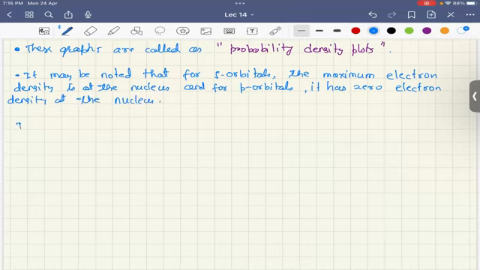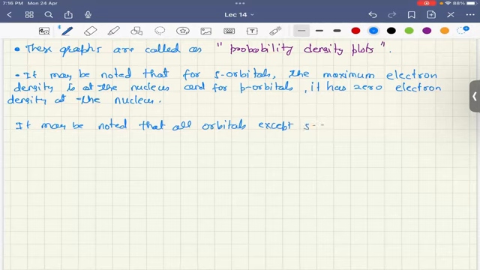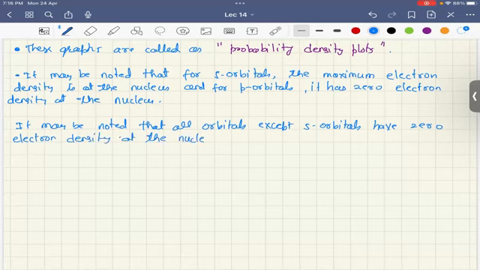It may be noted that all orbitals except s orbitals have zero electron density at the nucleus.